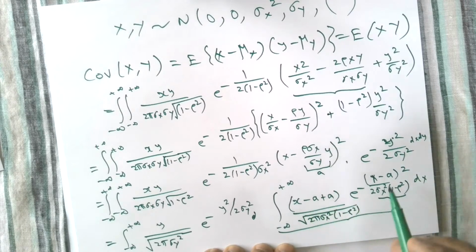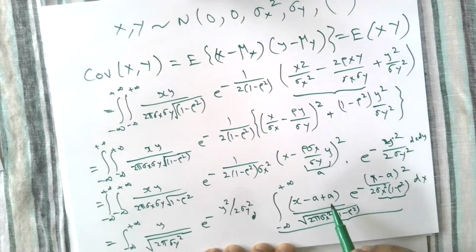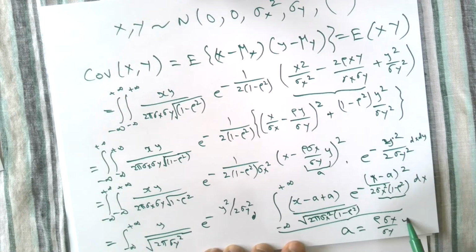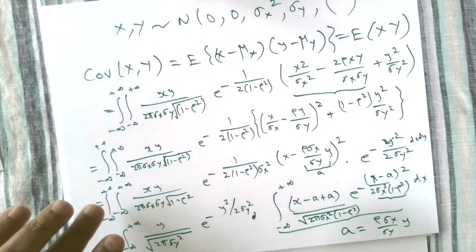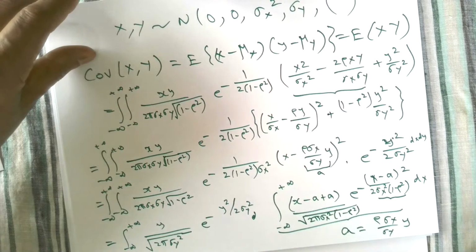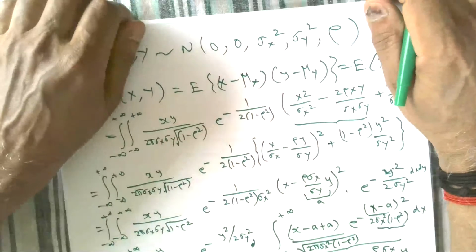So x minus a multiplied by the density function integrates to 0. The second term is plus a multiplied by the density function, that's 1. So the answer is a. But a is what we just substituted, rho sigma x over sigma y times y. So I'm going to substitute that into the next page.